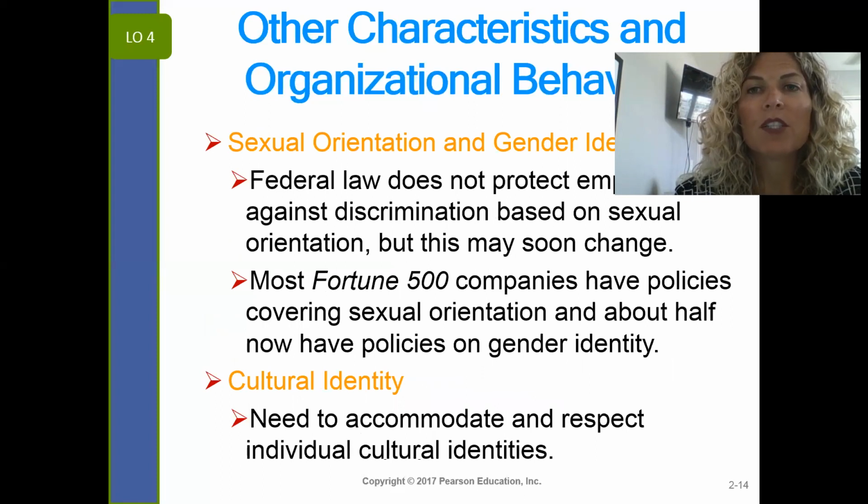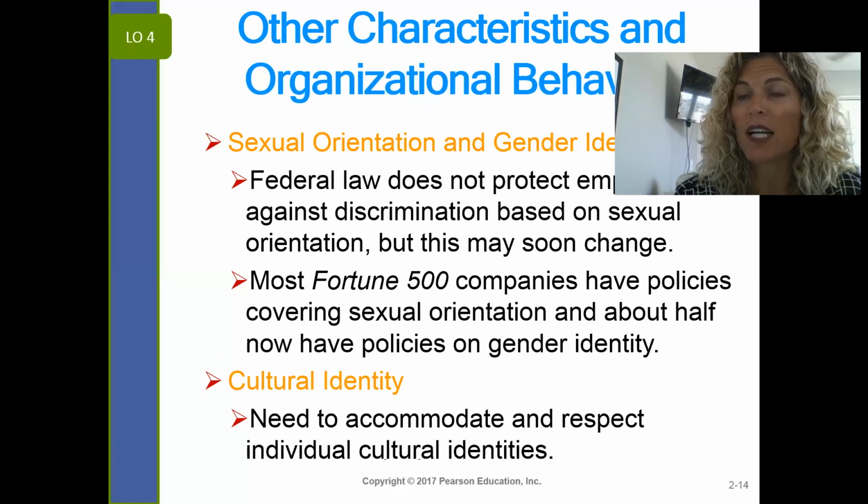The last two are sexual orientation and gender identity, and cultural identity. With sexual orientation and gender identity, the federal law currently hasn't caught up, and there's no protection for employees based on discrimination in terms of sexual orientation. But 90% of Fortune 500 companies have policies covering sexual orientation, and about half now have policies on gender identity.